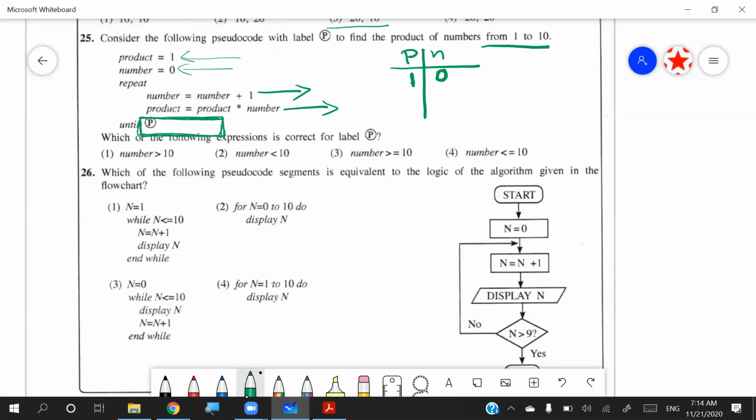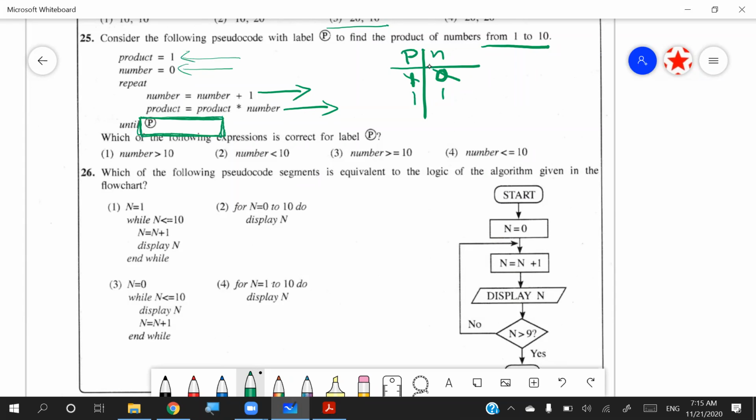Then it says repeat, number equals number plus 1. So N will be increased by 1 and product equals product into number. So 1 into 1, again 1 will be produced, right? Then they are going to check the condition.